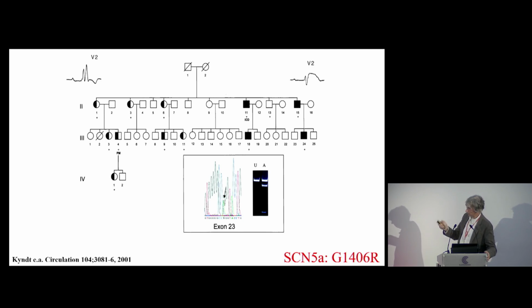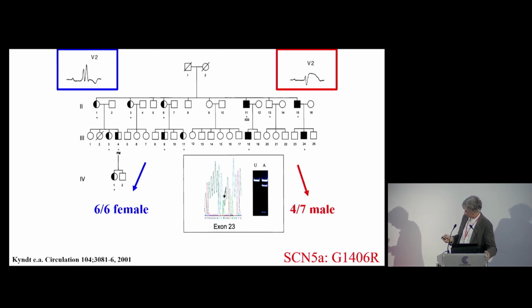And then if you subdivide this by sex, the individuals that have the conduction pattern all seem to be female, and of the individuals who have this Brugada pattern, 4 out of 7 were males. So gender clearly has an impact on whether the phenotype of this same variant leads to conduction disease or to ST segment elevation. And that's known because if you look in Brugada syndrome cohorts, it's always 80% males.